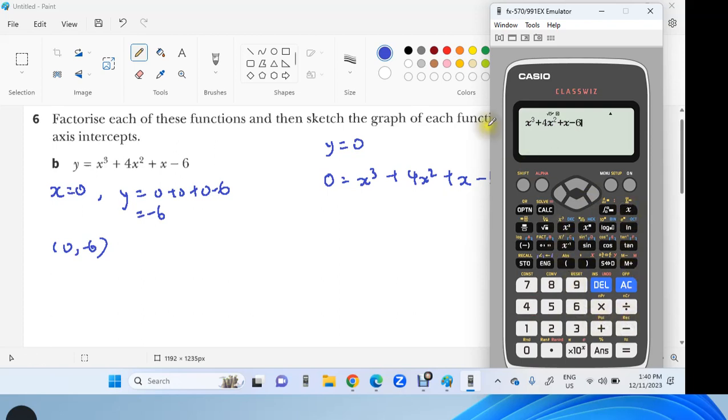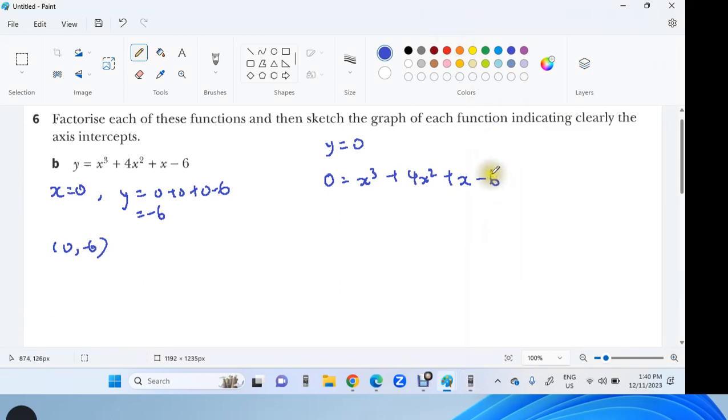Then you look at the constant value here, 6. It can be 1 times 6, or 2 times 3, and plus or minus.